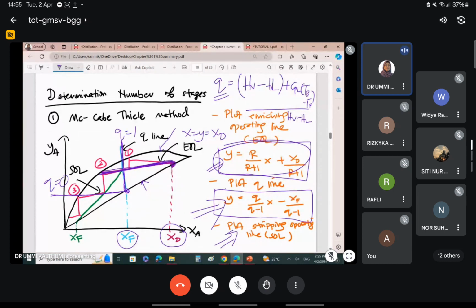Untuk Q ada value other than 1 and 0, we have to enter the value of Q into the Q line equation to plot the line. So Q line can be like this also, maybe can be like this. Tapi dia mesti nak di XF. Faham tak? Ada soalan tanya. Bergantung kepada condition.